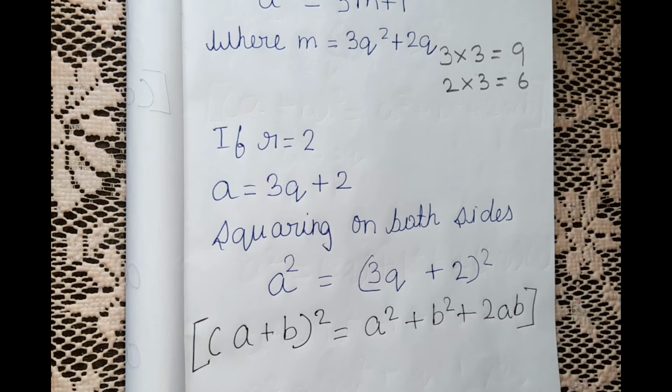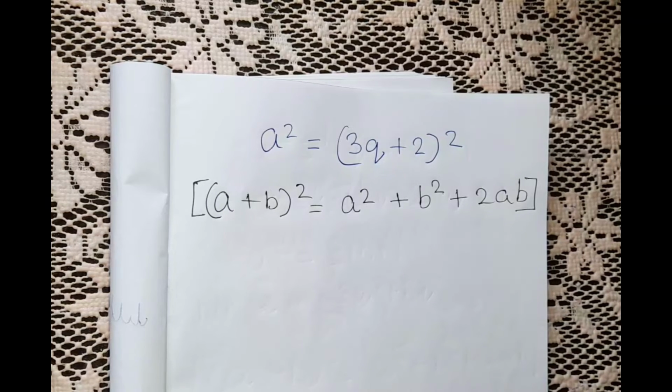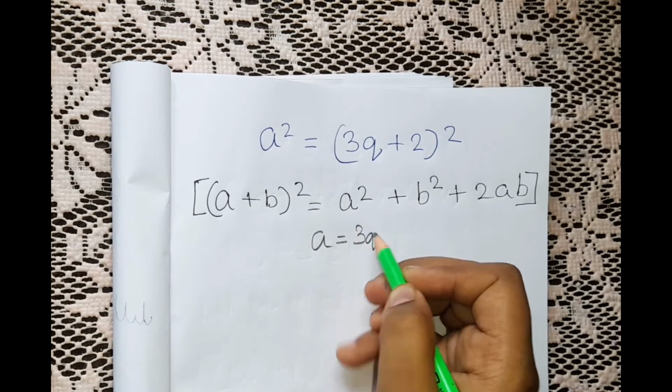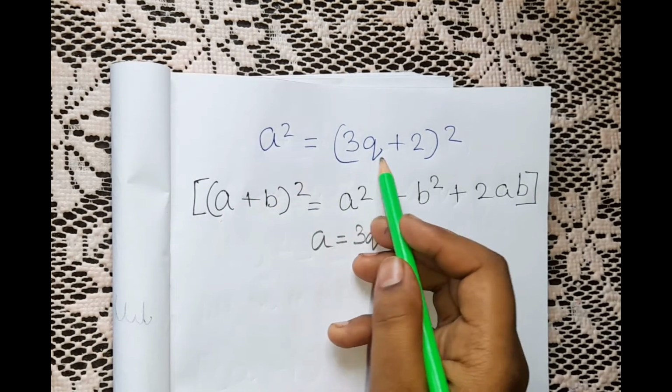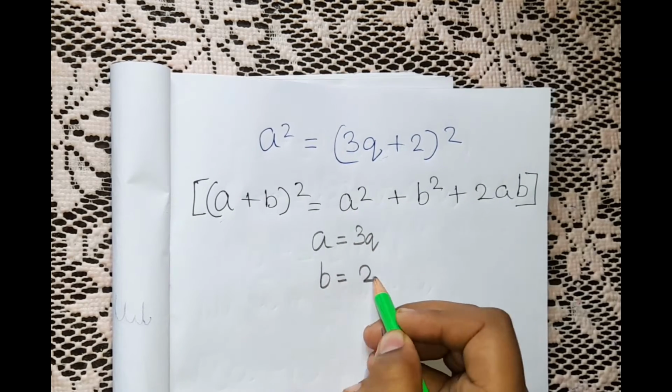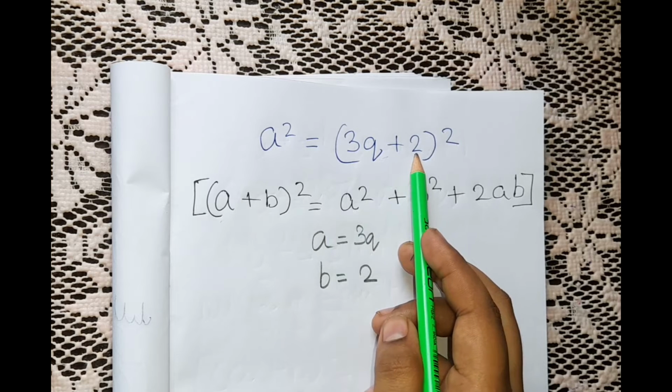By using this formula, we are going to be solving it. So in this formula, we are going to be taking the a value as 3q, because here in the a place it is 3q, and the b value as 2.